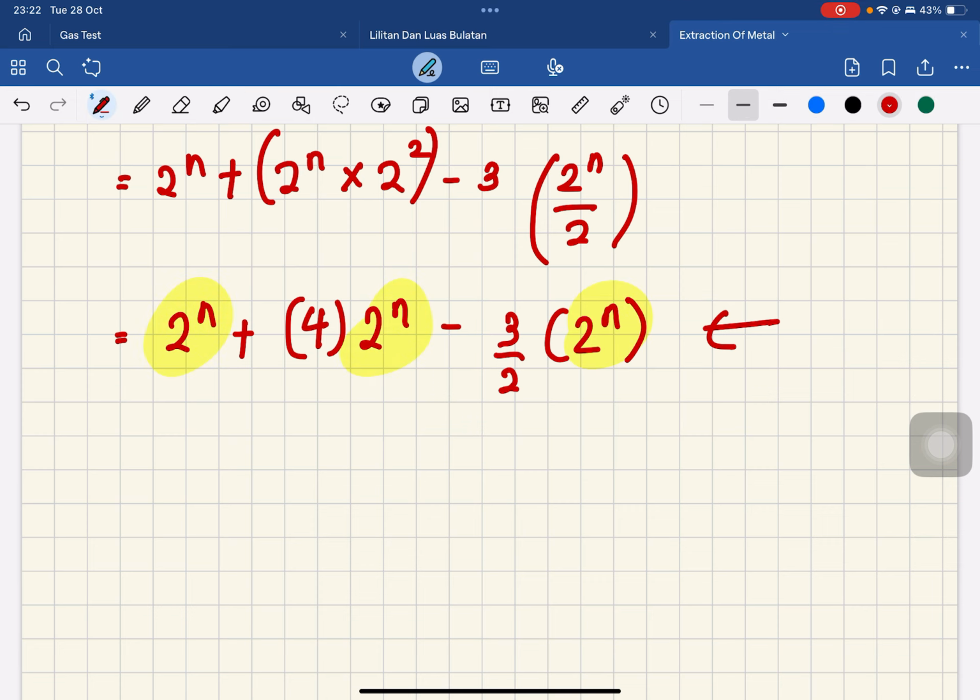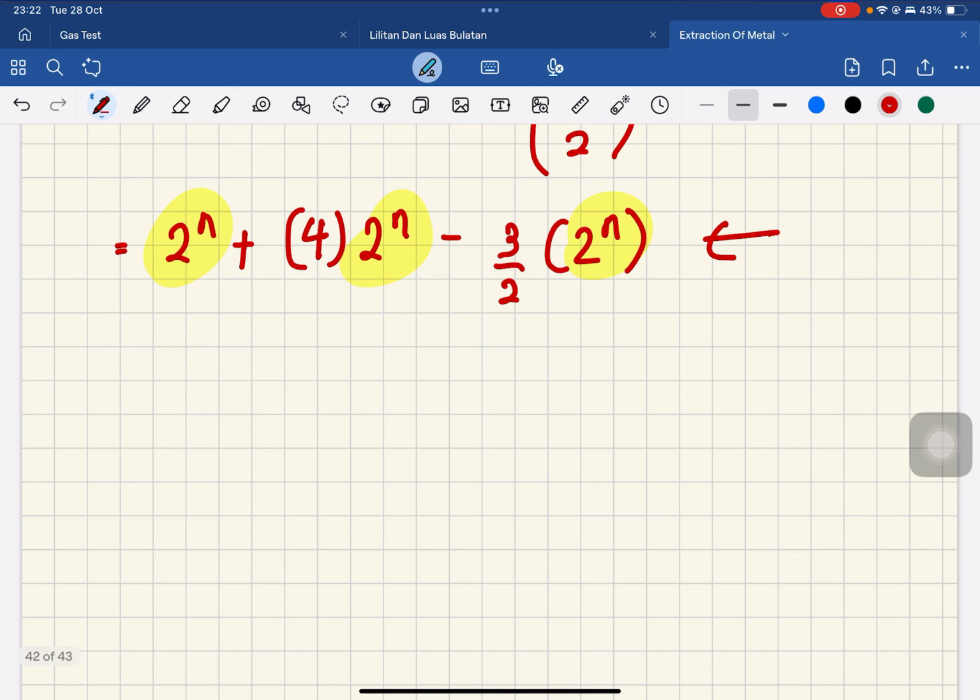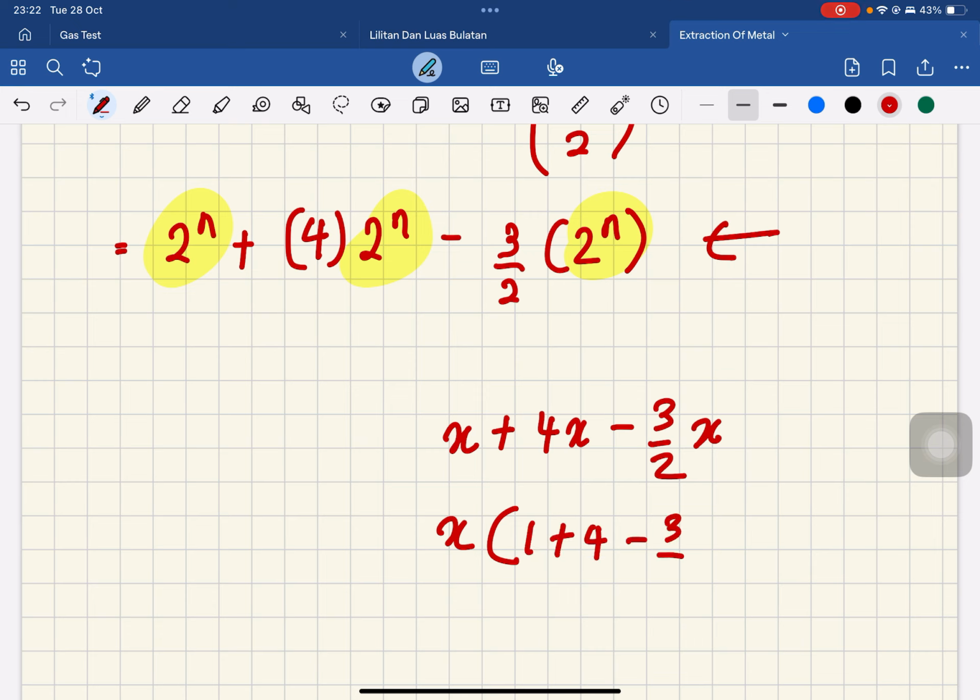So now we're just going to factorize the same way you factorize. Let's say we have x plus 4x minus 3 over 2 x. We're just going to take out the x in each of the terms. So it becomes 1 plus 4 minus 3 over 2. So same thing, we just do it with 2 power of n instead of x. Take out the 2 power of n in each of the terms.